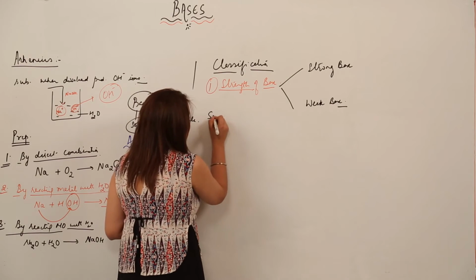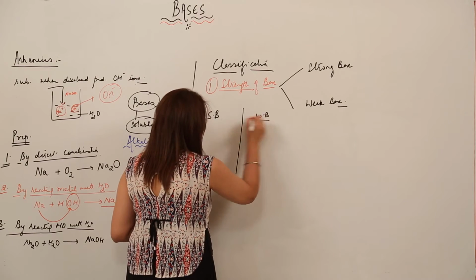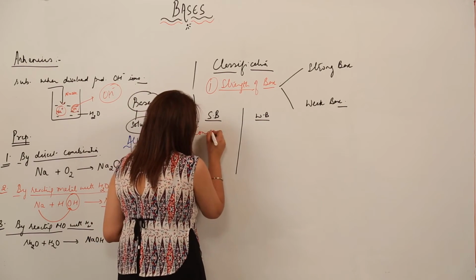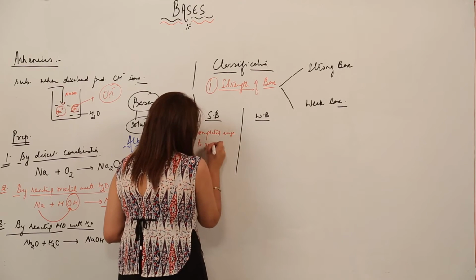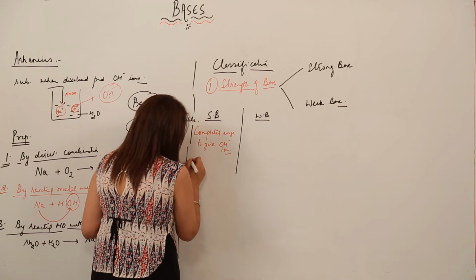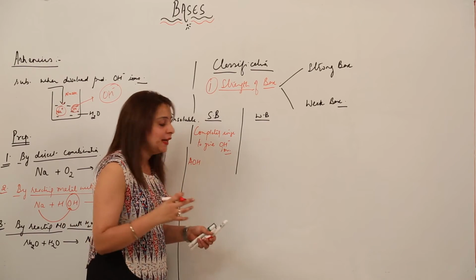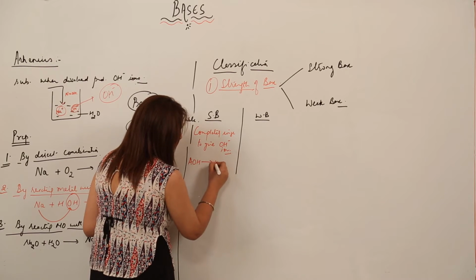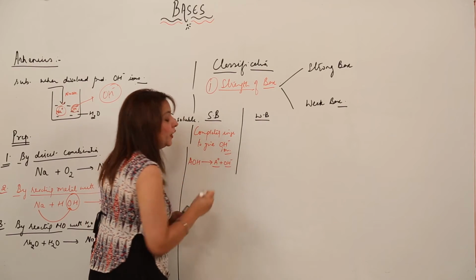Suppose I am differentiating the strong base from the weak base. A strong base is something which completely dissociates, or ionizes, to give all its hydroxide ions. For example, if I have this hydroxide AOH and it acts as a strong base, how can I show it? When it gets dissociated, it will fully dissociate, producing A positive and OH negative ion.